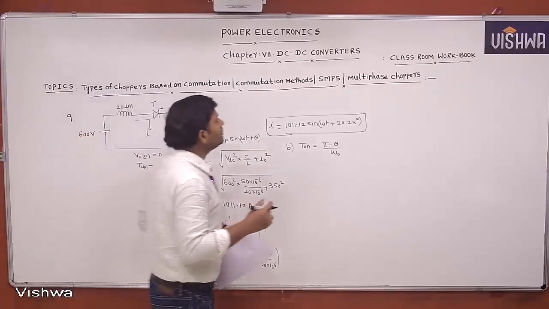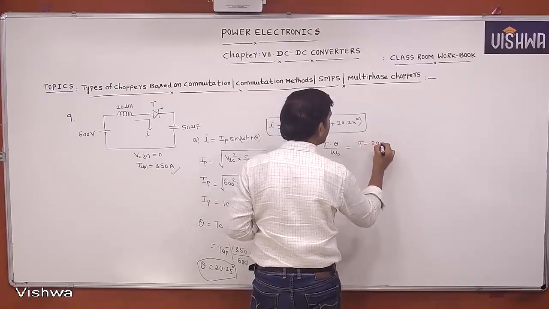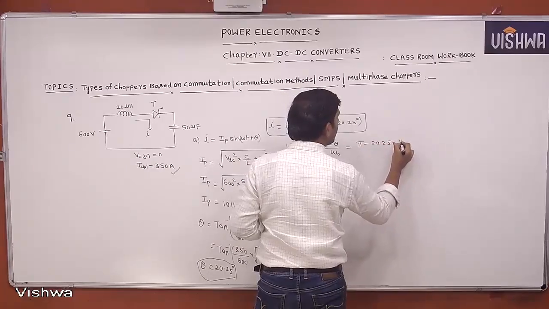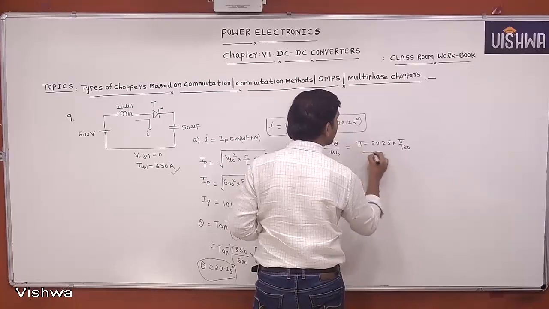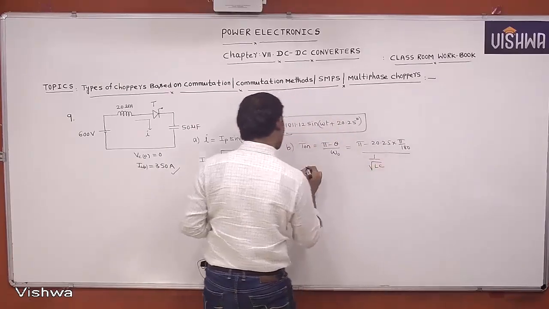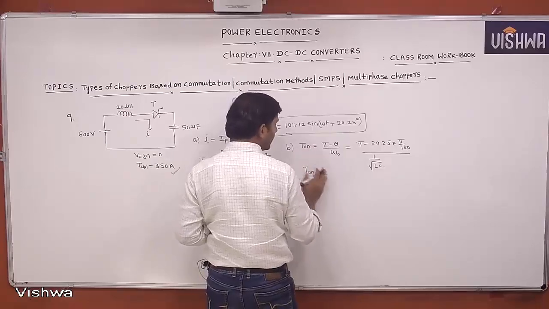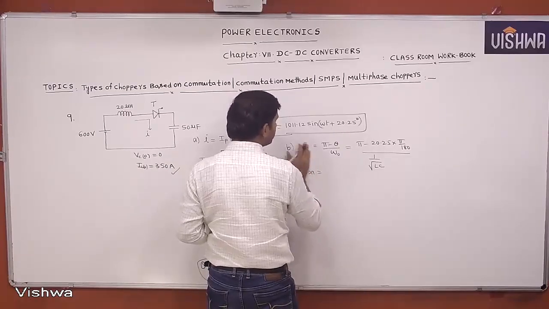Then pi minus theta: theta is 20.25, which I convert into radians by multiplying by pi by 180, and omega naught is 1 by root LC. This is the on time of the thyristor, T on.